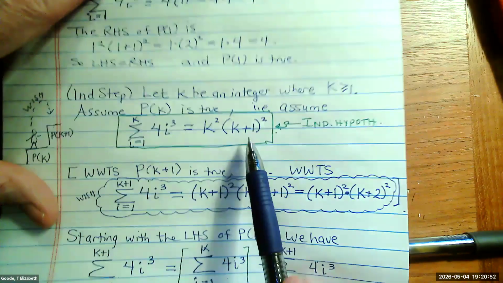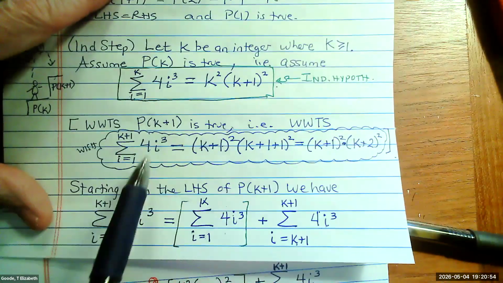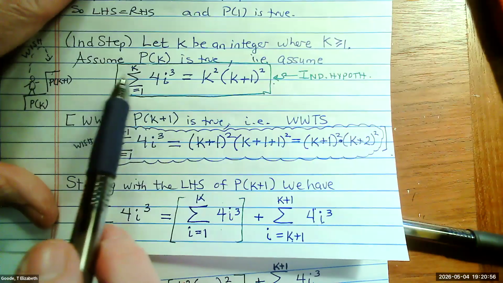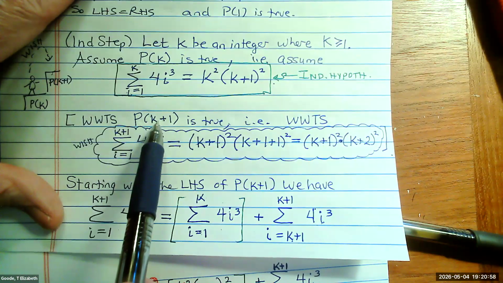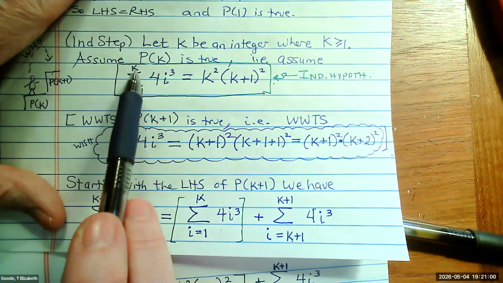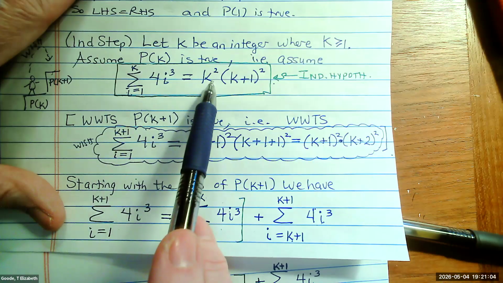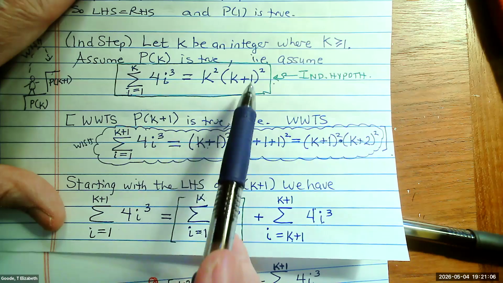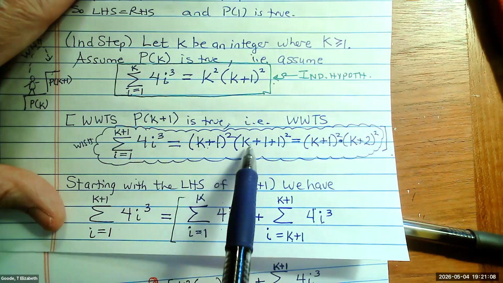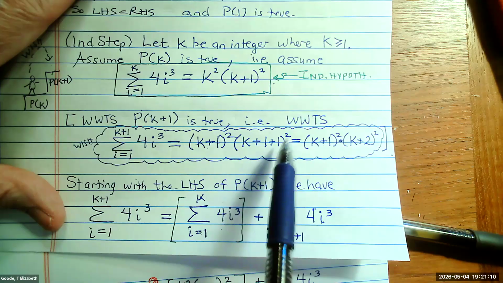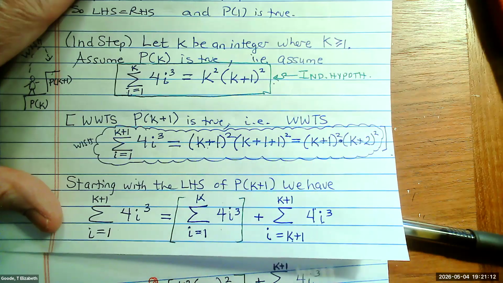All right, so you can write P of k. And then let's just say that you understand that P of k plus 1 is going to look like P of k, except you're going to put a k plus 1 everywhere there used to be a k. K plus 1 becomes k plus 1 plus 1. And it's squared, of course.